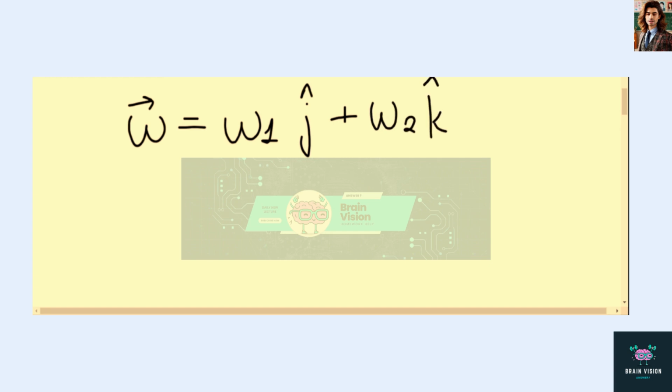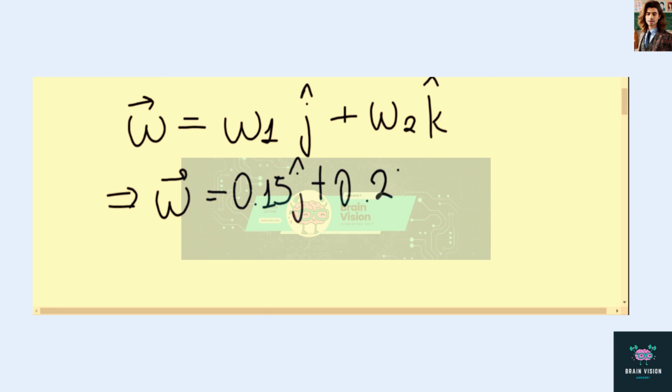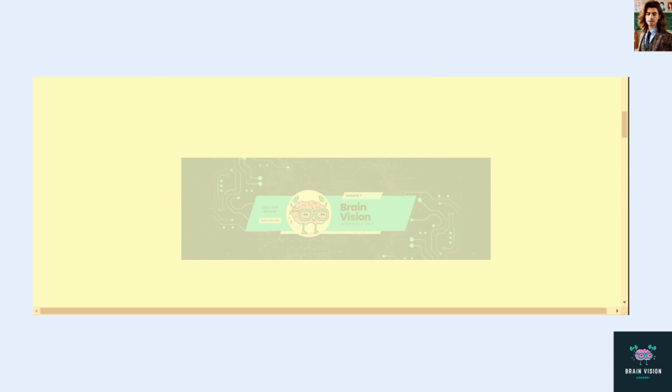It's the combination of the two rotations described in the guidelines of the problem. So immediately this is just 0.15 j hat plus 0.25 k hat radians per second, as always.